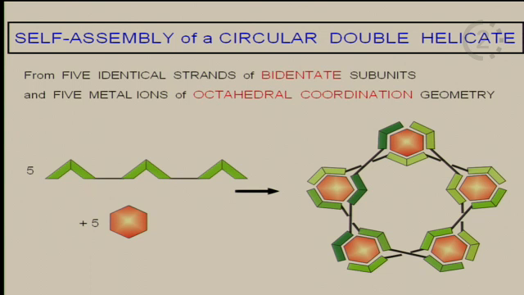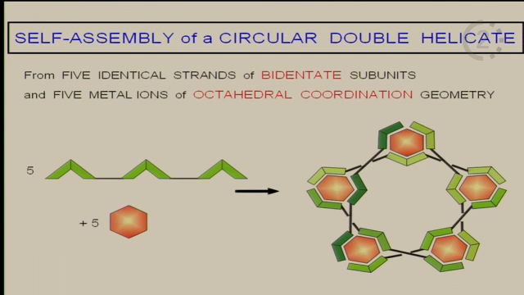Finally, in the last of the silicates, and they will come up again a bit later for another totally different reason, it happens that you can also condense this BBB with octahedral coordination in a way which gives a circular helicate, a circular double helicate.